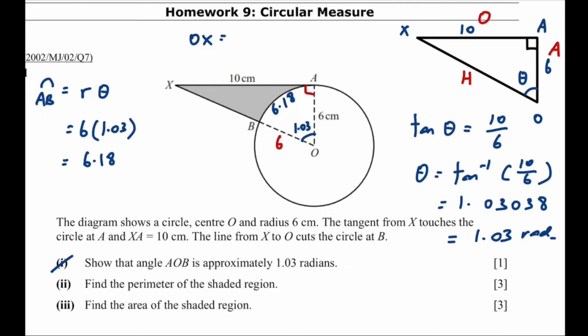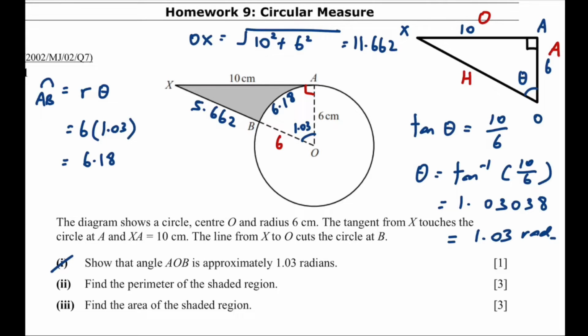So OX equals the square root of 10 squared plus 6 squared, which is 11.662, minus 6. 11.662 is the whole length. So OB is 6, and XB is 5.662 when you minus it.